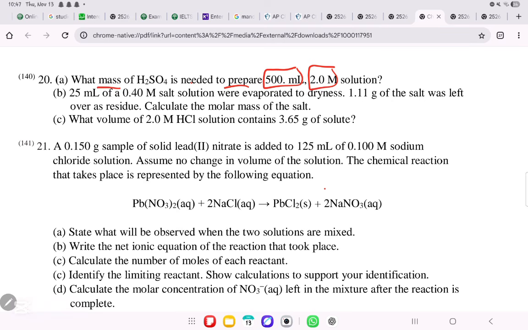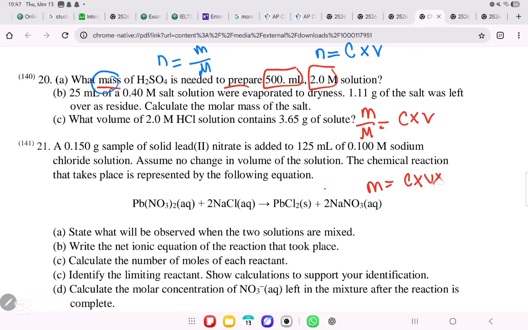I need to find something that will relate mass to concentration and molarity. Then I think directly that number of moles is equal to mass over molar mass, and number of moles is equal to concentration times volume. So what does this mean? This means my mass over my molar mass is equal to concentration times volume. That means my mass is concentration times volume times molar mass.